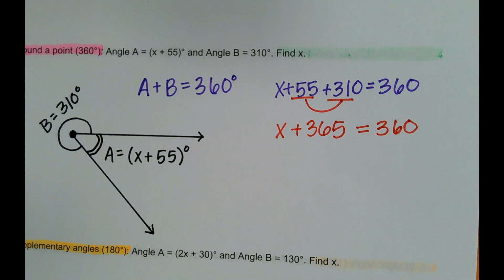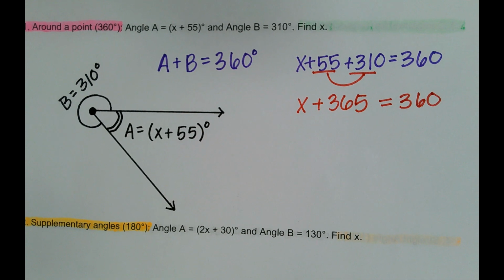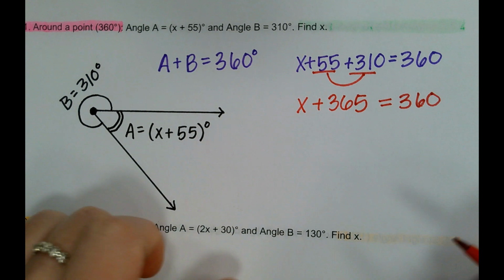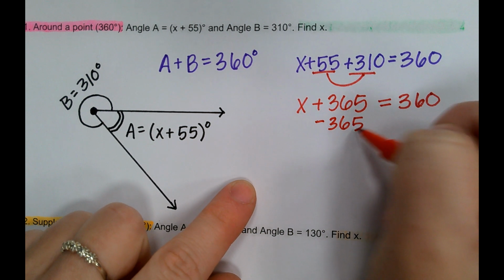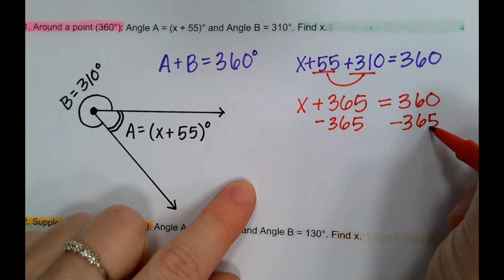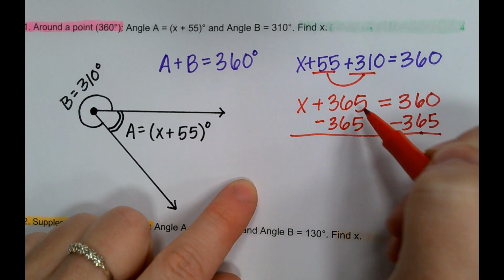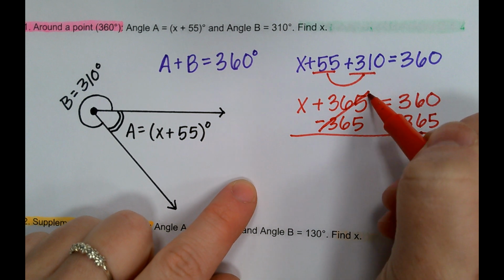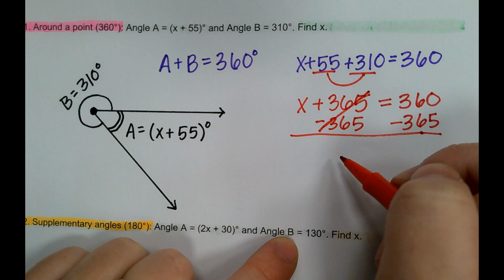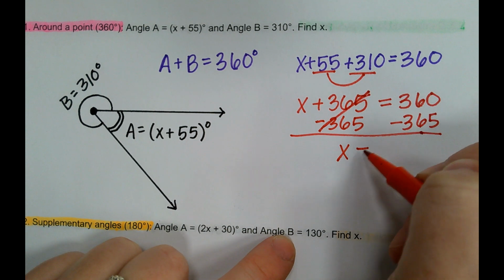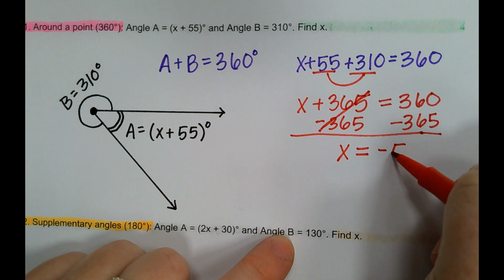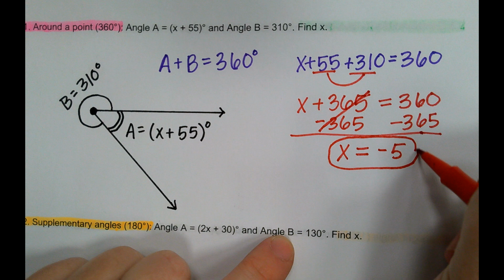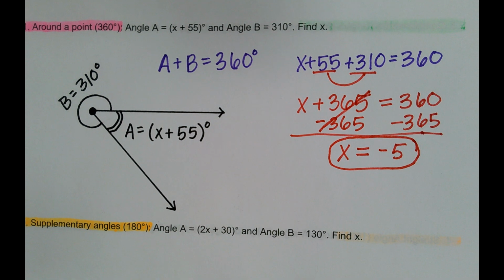Okay, so I've gotten this far. What should I do next? Perfect. Subtract 365 from both sides, and my 365s will cancel. So what's that going to give me as my answer? Negative 5. Perfect. So we circle our answer. Awesome.